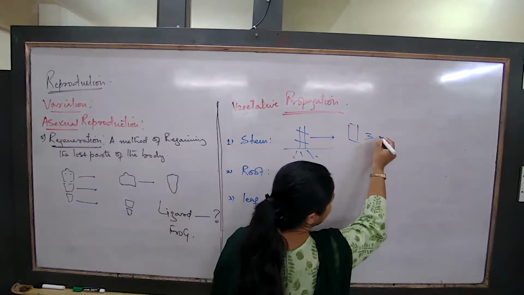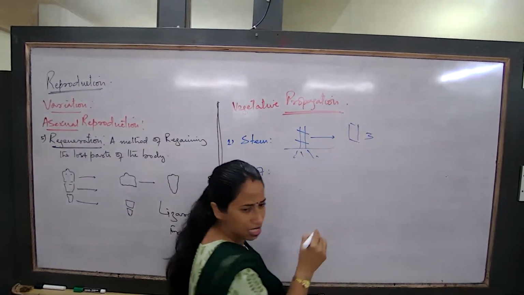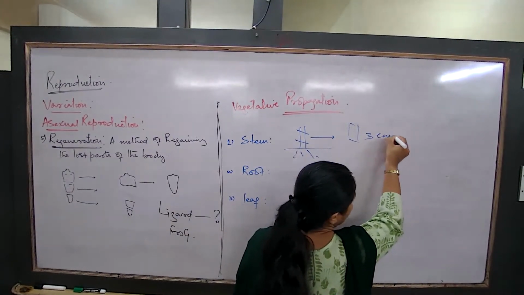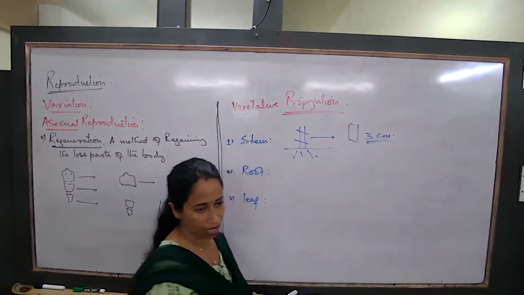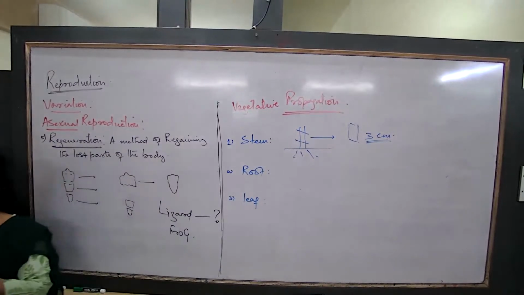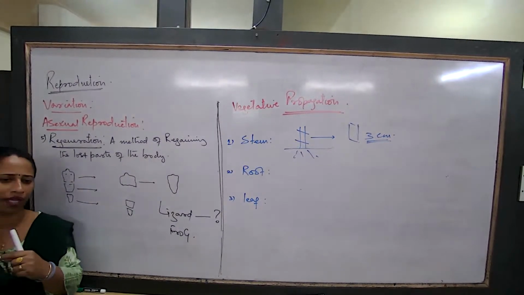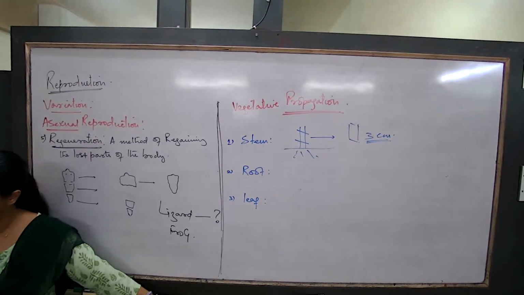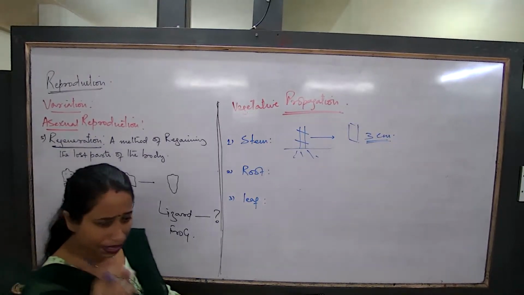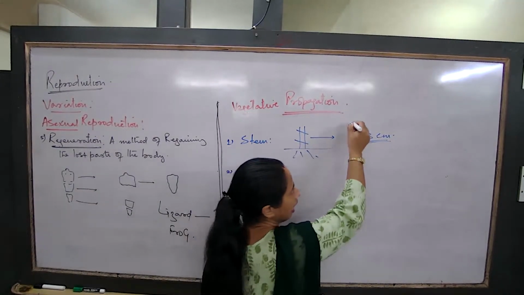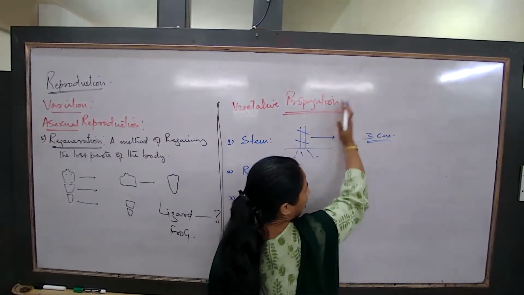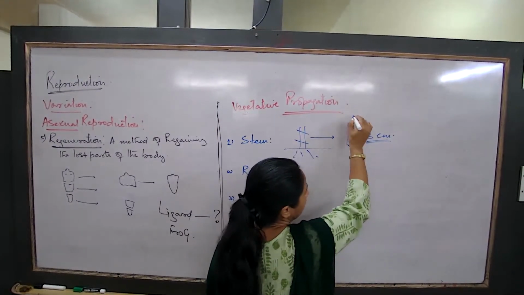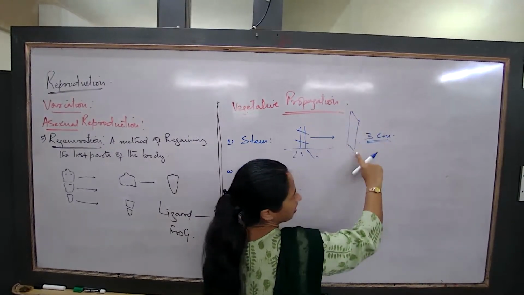The stem cutting has to be roughly around 3 to 5 centimeter, the minimum required to grow any particular type of plant, and the cut should always be oblique. If anybody has noticed, the cut for the stem always has to be oblique.